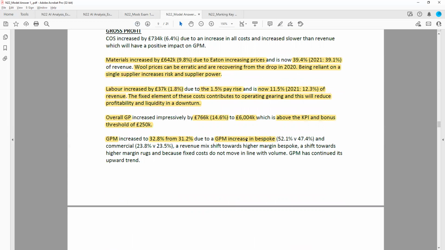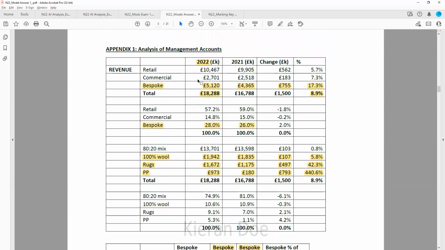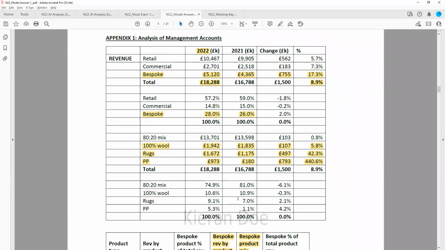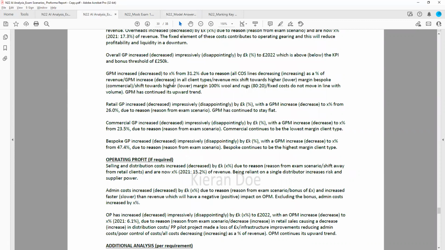So gross profit margin's gone up for bespoke and commercial, and revenue mix has moved towards that higher margin bespoke client type. And also, when you look at it by product type as well, we knew from the AI, we couldn't calculate the exact numbers, but we knew that these two were higher margin, and therefore we can see that revenue mix has moved more there towards wool.